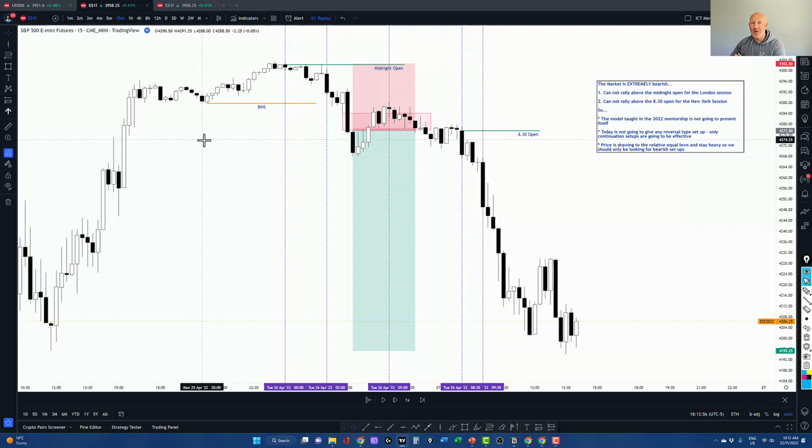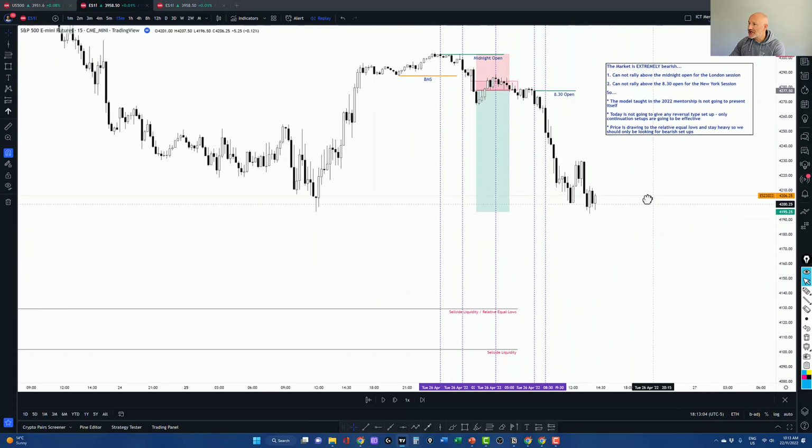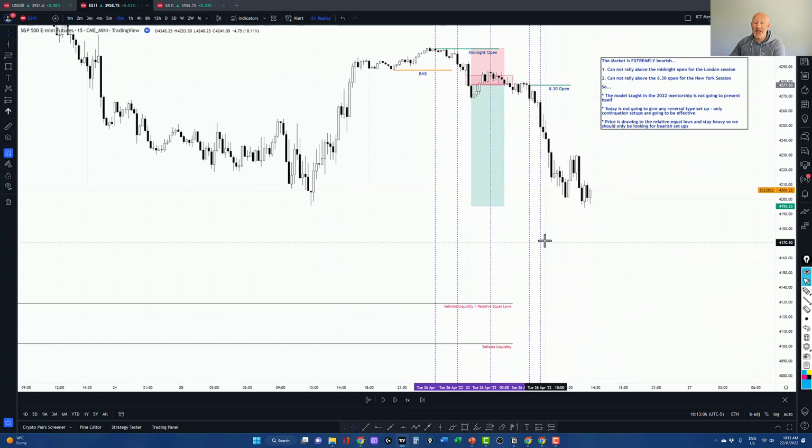We just have to be aware that the draw of those relative equal lows and that sell side liquidity that we talked about earlier in the video is just extremely strong and is going to be drawing price down towards those levels. And so we need to be looking for bearish setups, so bearish fair value gap setups on the way down to take advantage of this particular move in the market.